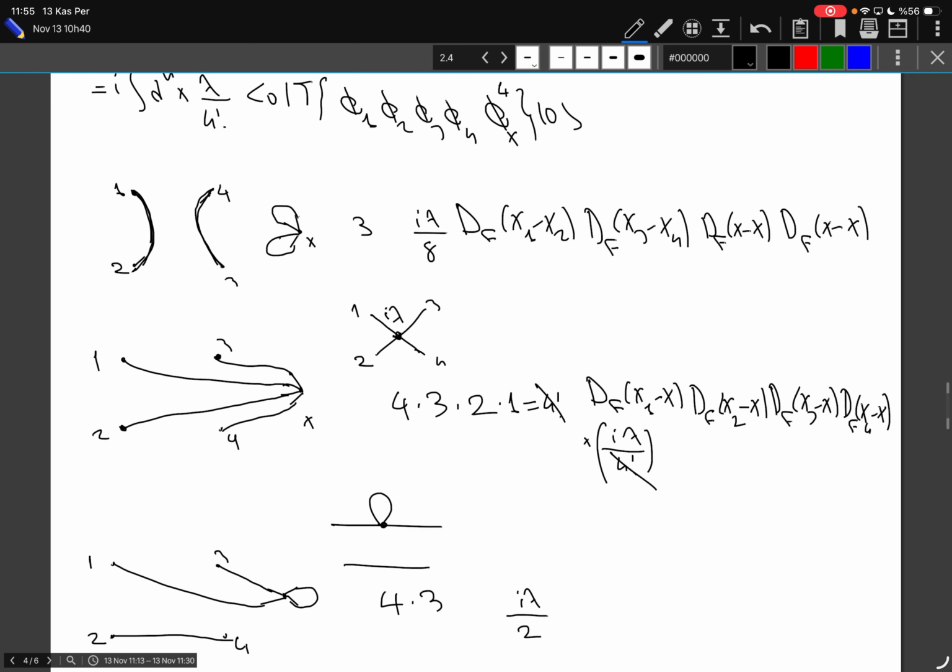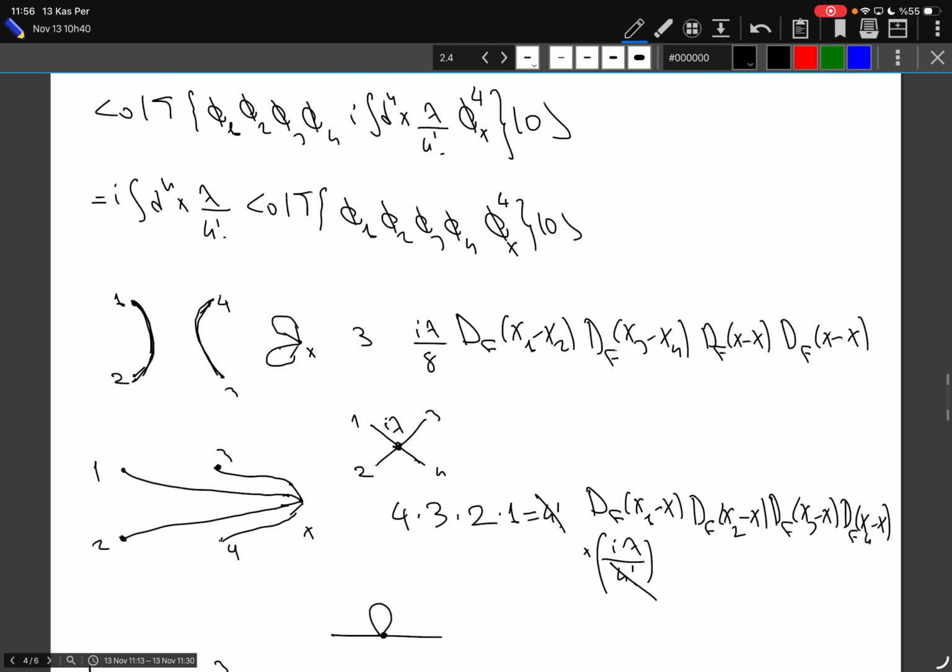Let's go back to our diagrams. Remember, we calculated these factors. For this diagram here, there's a factor 8. How did I calculate that factor 8? Well, there's a 1 over 4 factorial from the definition of my potential, from the definition of lambda.